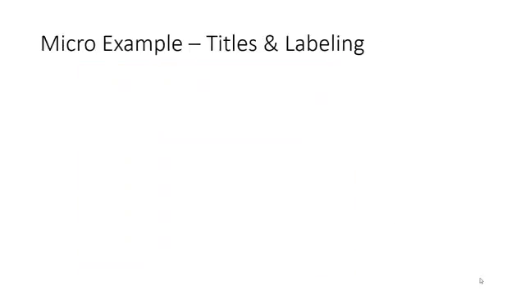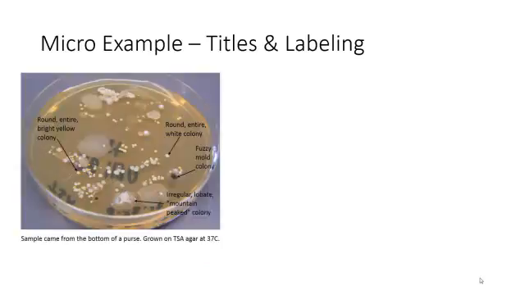So going to microbiology examples, which you're actually going to be using in your lab reports, this is what I would expect for a title and a label for an agar plate, especially if it has multiple kinds of colonies. We can see that there's this kind of colony, there's these yellow guys scattered about, there's these white colonies, we've got a mold contaminant.